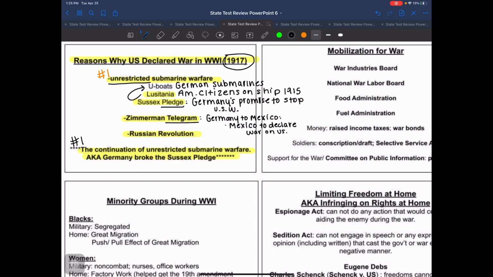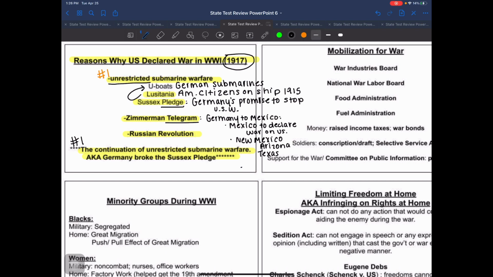In this telegram, it also states that Germany will reward Mexico territory that actually had previously belonged to them, and that territory are our current states of New Mexico, Arizona, and Texas. Okay, but I tell you all those details to kind of spoil it and say this message never even made it to Mexico.